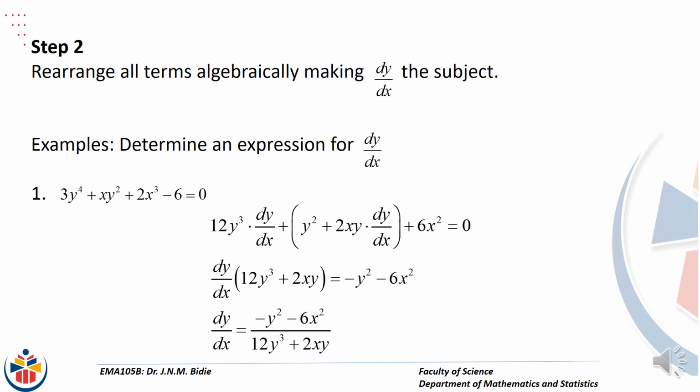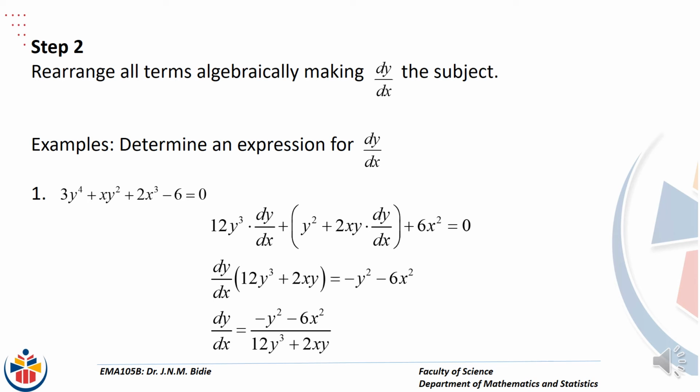We've got 3y to the power 4 plus xy squared plus 2x cubed minus 6 equal to 0. So differentiate each term. Remember, when a term has got y, it means y is a function of x, so the chain rule must apply.